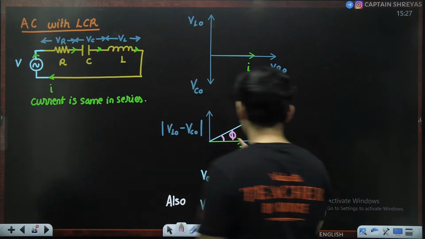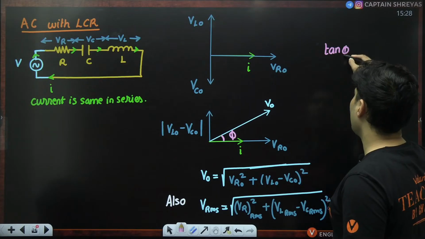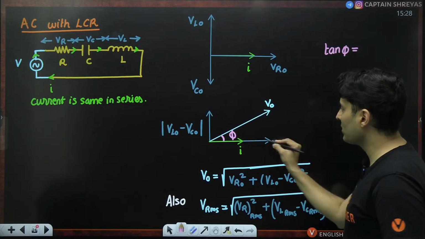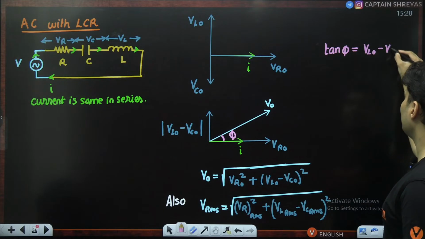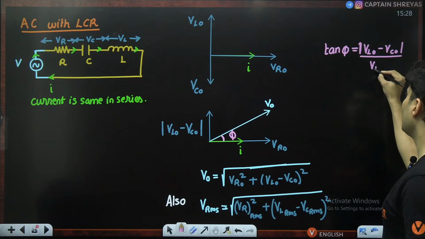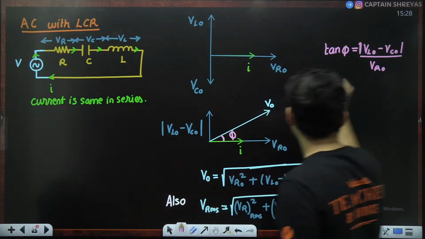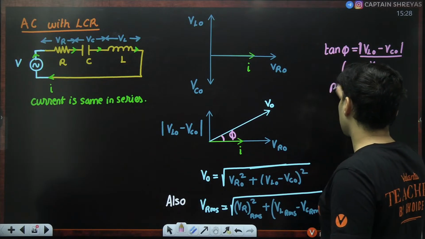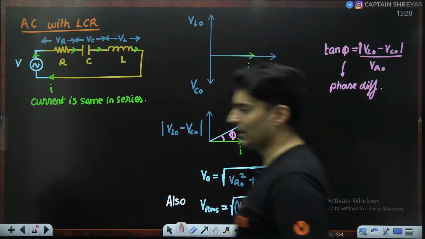That is your phase difference. So therefore, one can easily say tan of phi is opposite by adjacent. Opposite is VL naught minus VC naught, and adjacent is nothing but VR naught. So that is basically your tan phi, which will give me the phase difference between the voltages and the currents.